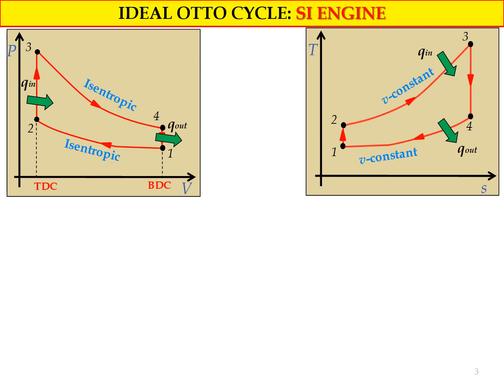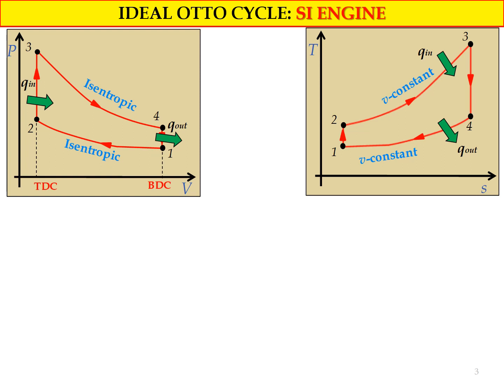Okay, next, for process number 3, from state number 3 to state number 4, the process is isentropic, and we can see from the PV diagram the volume increases from TDC to BDC. The pressure during the process decreases from P3 to P4 due to the expansion process.